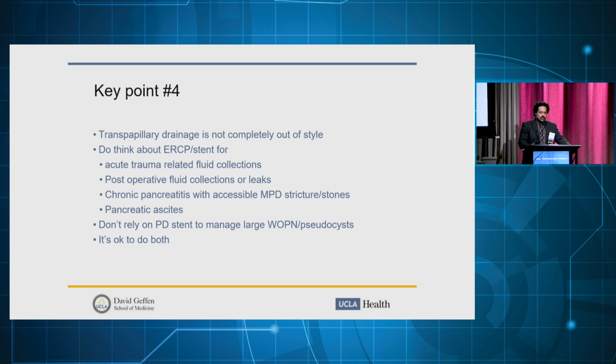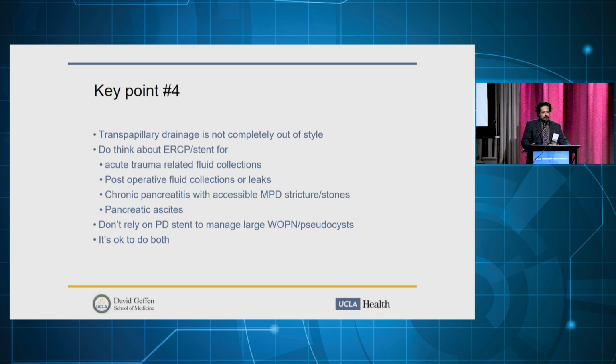If they have a postoperative leak, say someone had a tail resection and just a blowout of the tail, a stent often works fairly well. Also if there's chronic pancreatitis with an associated stricture and a duct blowout, and pancreatic ascites. But PD stents don't do all that well when there's a large necrotic cavity or pseudocyst.